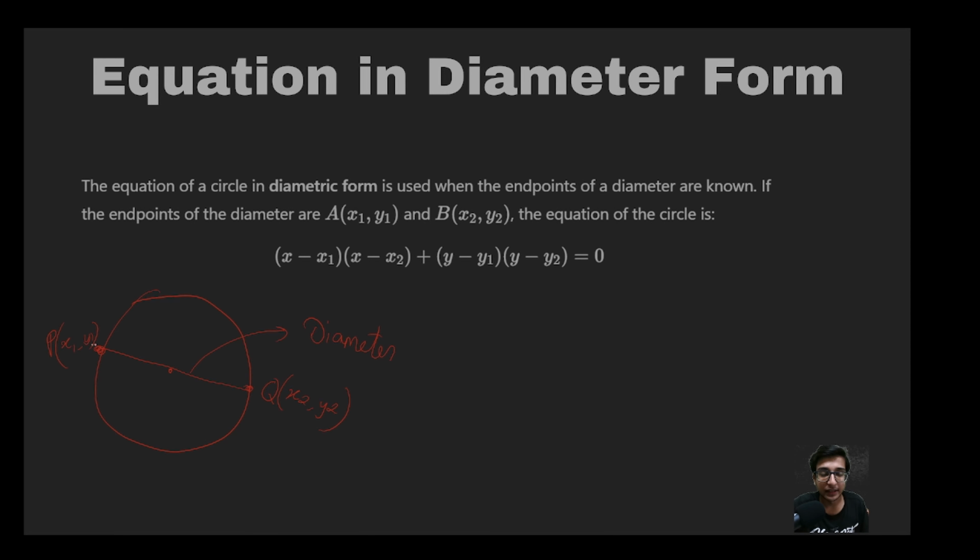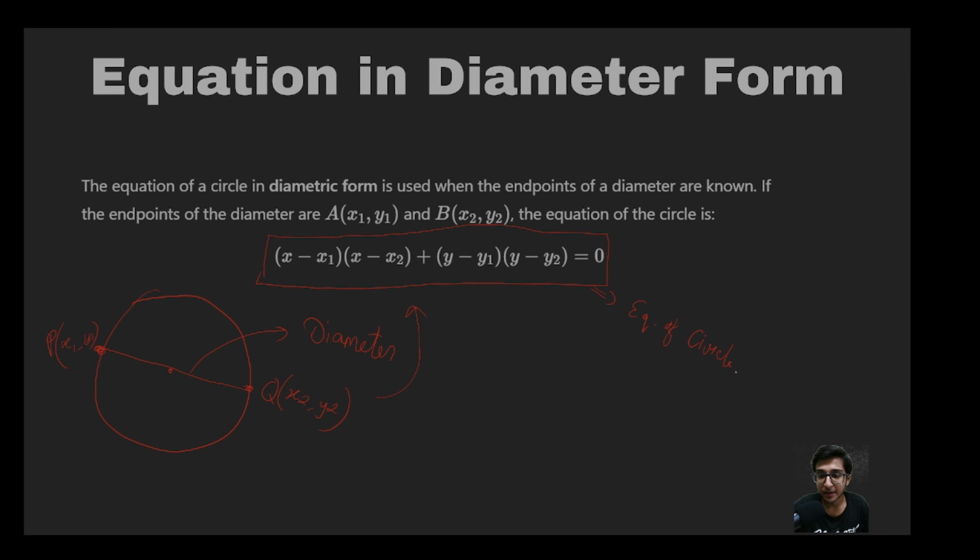If this has been provided, then directly we can write down the equation of our circle in this format: x minus x1 into x minus x2 plus y minus y1 into y minus y2 is equals to 0. So directly you can represent the equation of circle in this format.